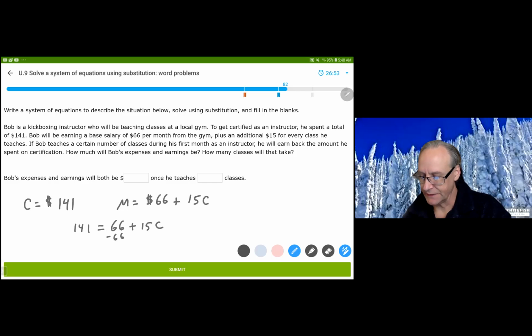We're going to subtract the 66 from both sides. And it looks like we're going to get 75. Is that right? Is equal to 15C. And so we have to divide by 15 and we get C equals 5 classes.